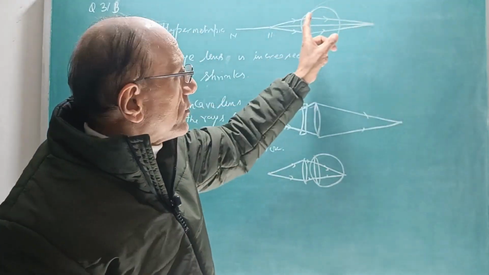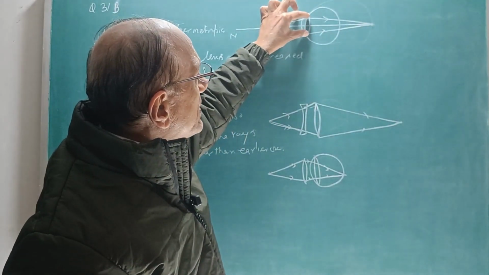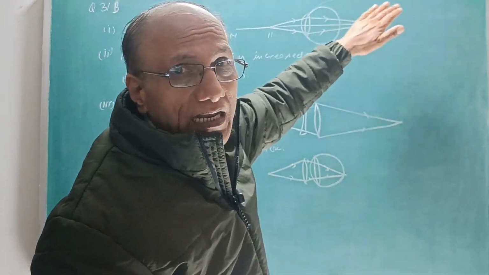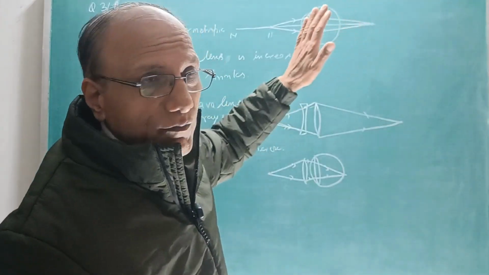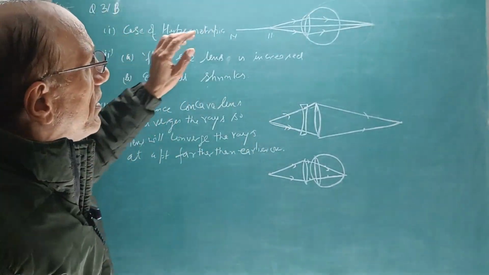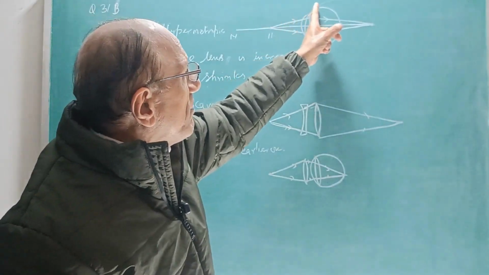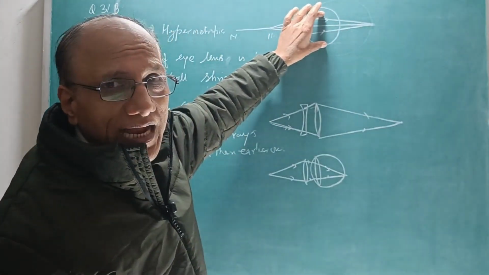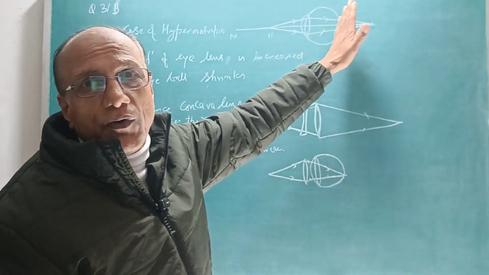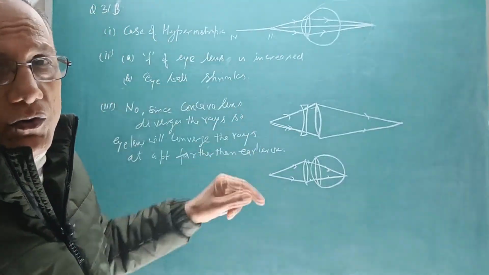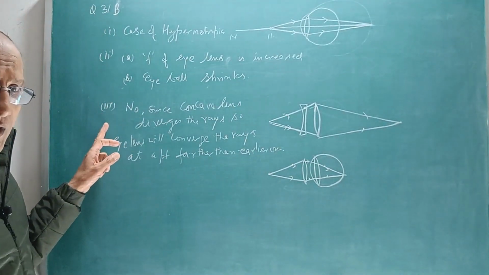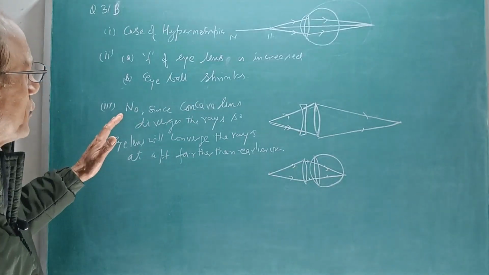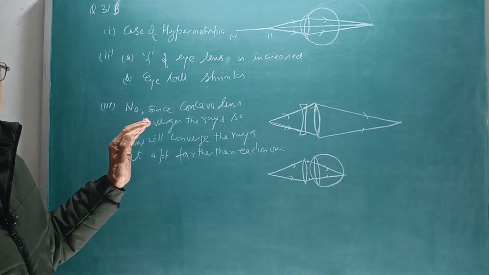The cause is either the focal length of the eye lens is increased, that is why the lens converges the rays beyond the retina, that means at a large distance, a large focal point. Or the focal length is correct but the eyeball, instead of being this, shrinks. In that case also the image will form beyond the retina and the person will not be able to see. The third part was, can it be corrected with the help of a concave lens?